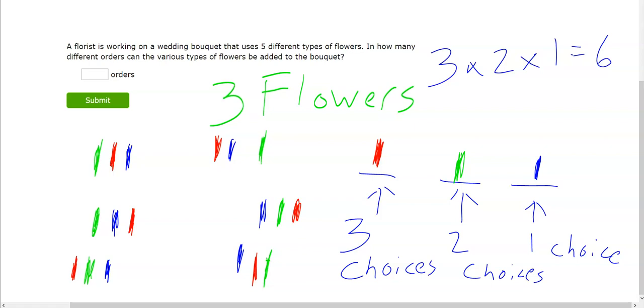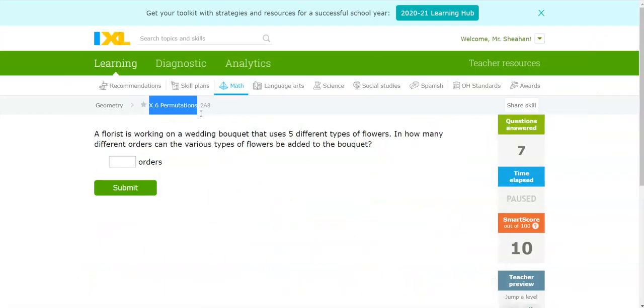So when you do these, you're really just multiplying the number of types that you have. In this case, we'll start at 5, and then you're just counting down by 1. We would do 5 times 4 times 3 times 2 times 1, and you actually end up with 120.